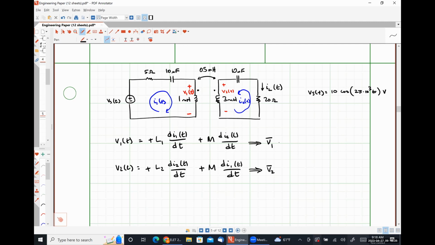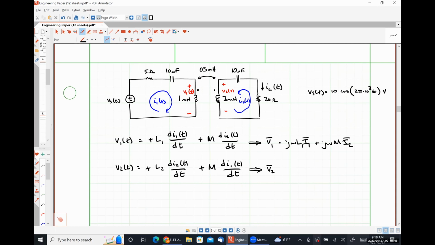So that's just j omega L1 times I1 plus j omega m times I2.